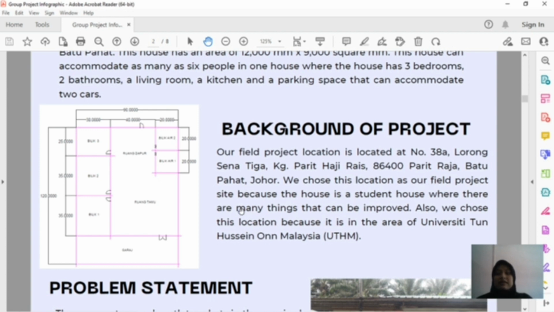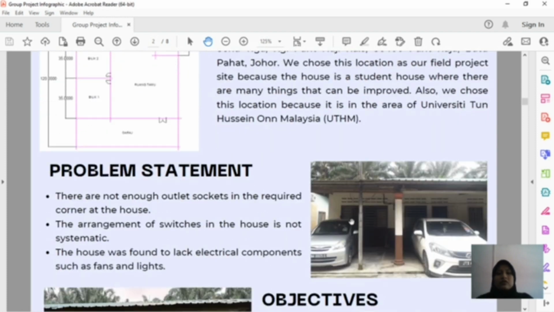We choose this location as our field project site because the house is a student house where there are many things that can be improved. Also, we choose this location because it's in the area of University Tun Hussein Onn Malaysia, UTHM.